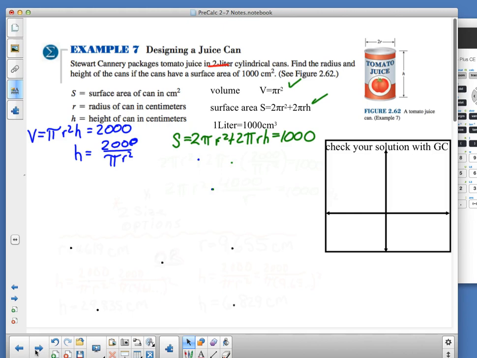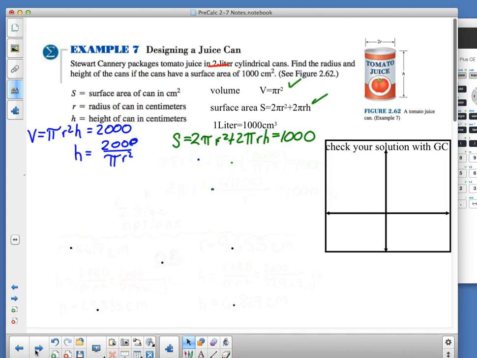Some folks would ask, why didn't you solve for something else and plug it in the other side? I could have. Once you know the relationship, it's your choice to solve for a certain variable, and you can go the other way. I just chose it because it was less messy to pull things out.